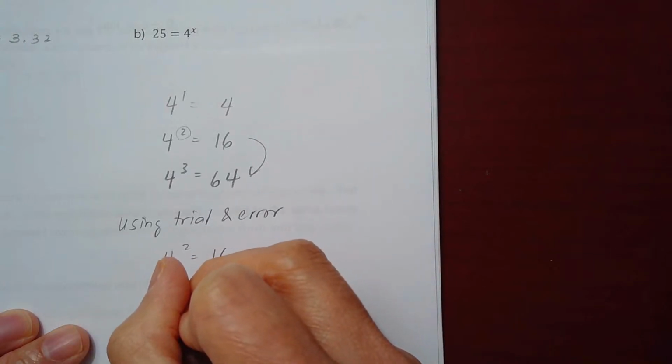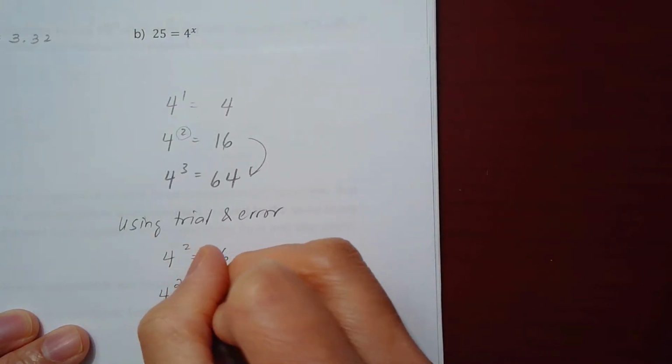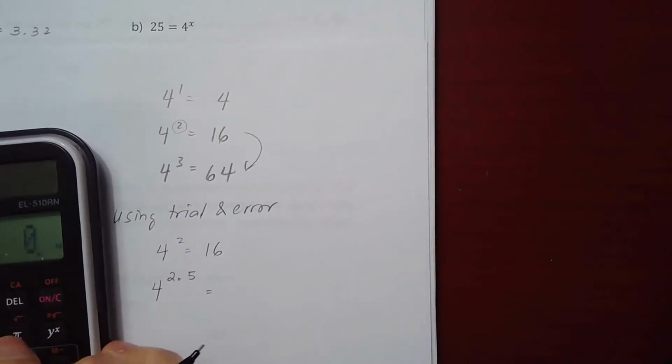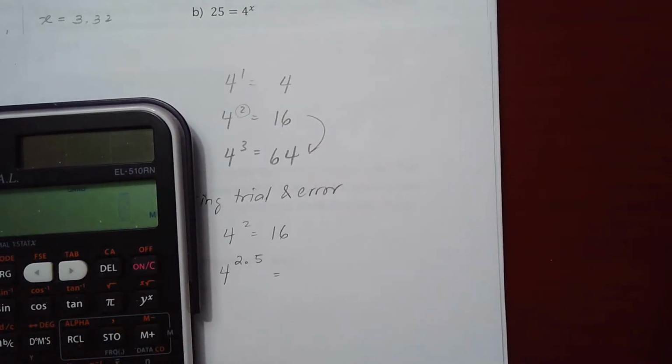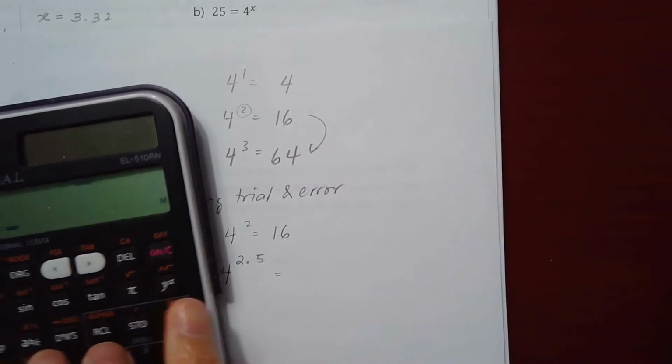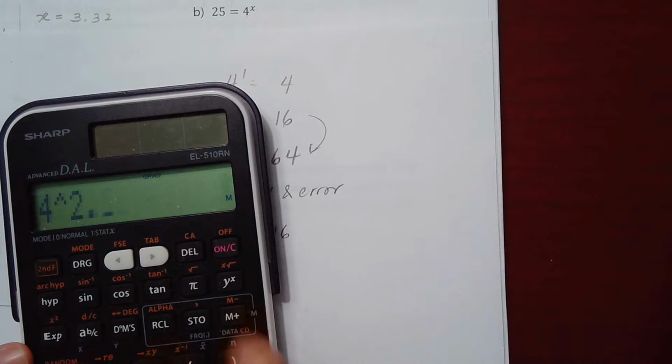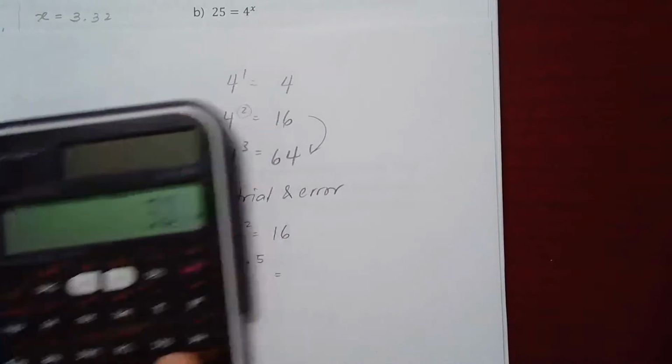And what if we go 4 to the 2.5? Let's see what that gives us. 4 to the exponent 2.5. Oh, that's 32.